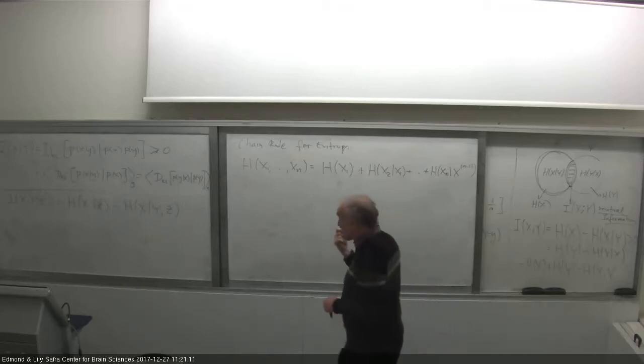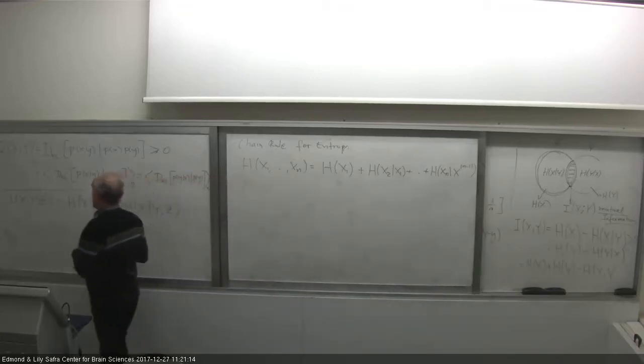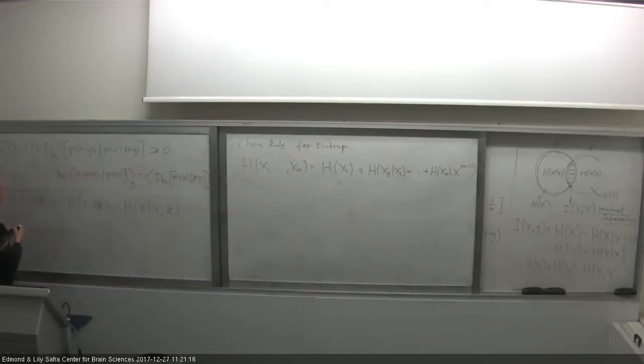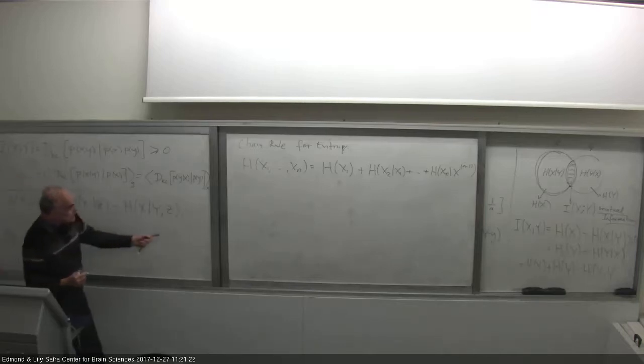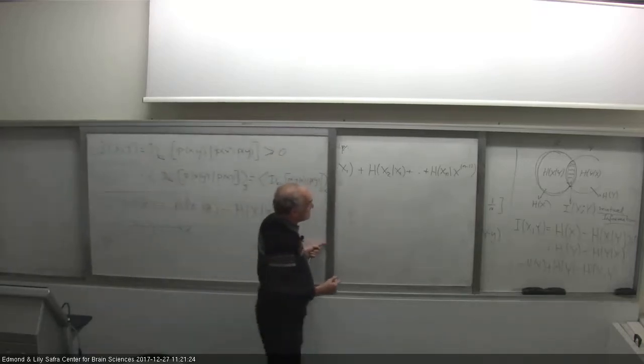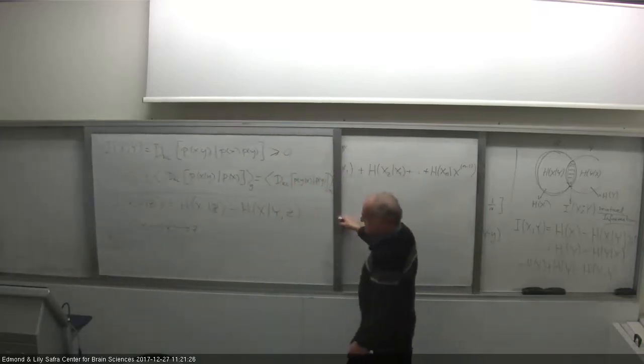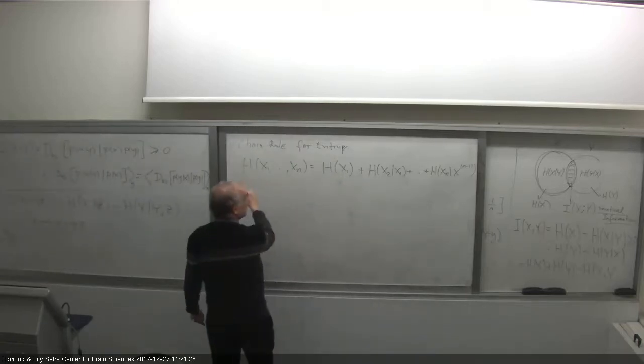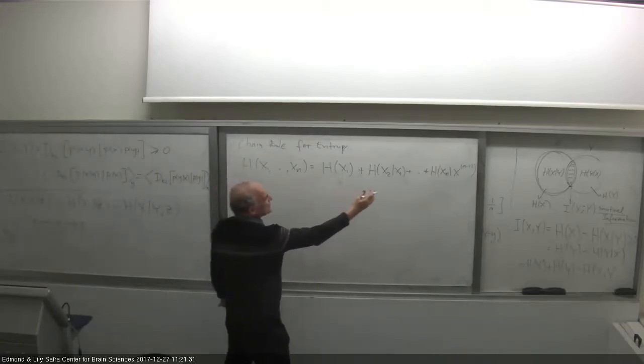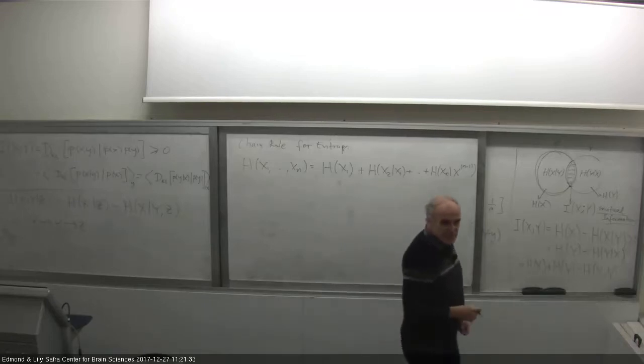And actually we saw the first example of this when we talked about a Markov chain. So if x, y, z is a Markov chain, maybe before I talk about it, just a reminder: we have a chain rule for entropies, and all these quantities are positive. There's no problem here.